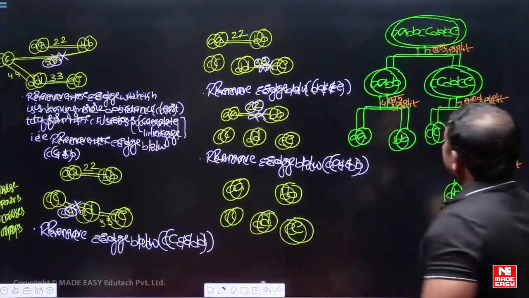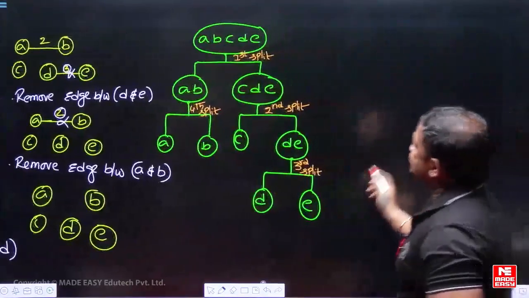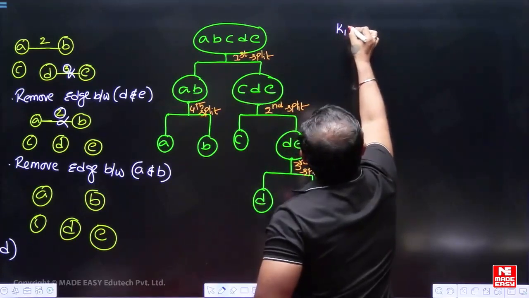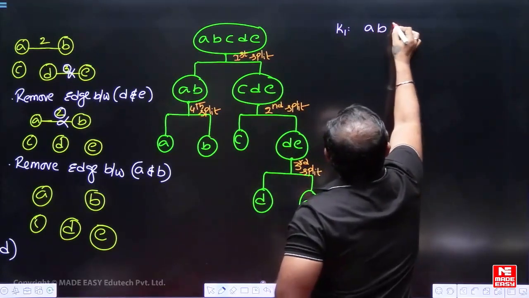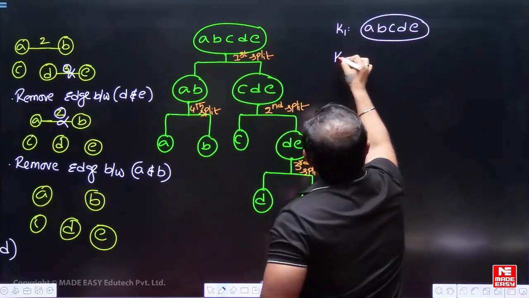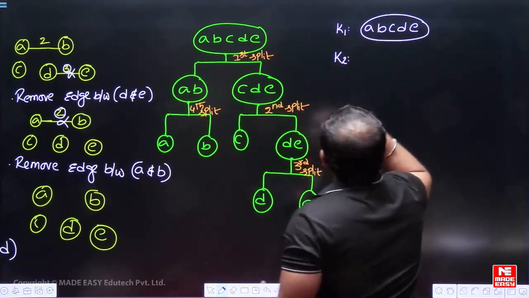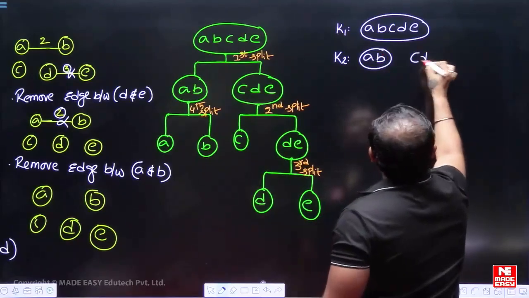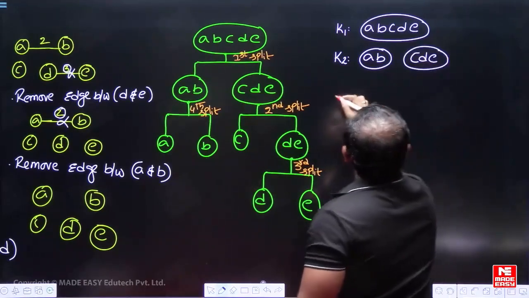Clear? So top to bottom clustering is this. Here major cluster K1 is A, B, C, D, E. Then second, AB is one cluster and C, D, E is another cluster.